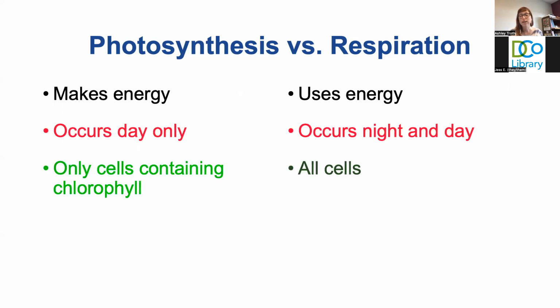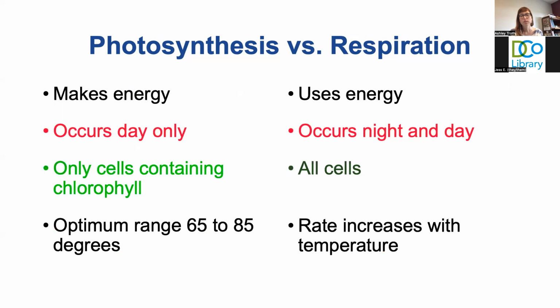Photosynthesis occurs only in cells that contain chlorophyll, only in green plant tissue, right? We looked at that parasitic plant that didn't photosynthesize at all, right? It had no green tissue. Respiration occurs in all cells. Photosynthesis has an optimum range of 65 to 85 degrees. Respiration increases with temperature.